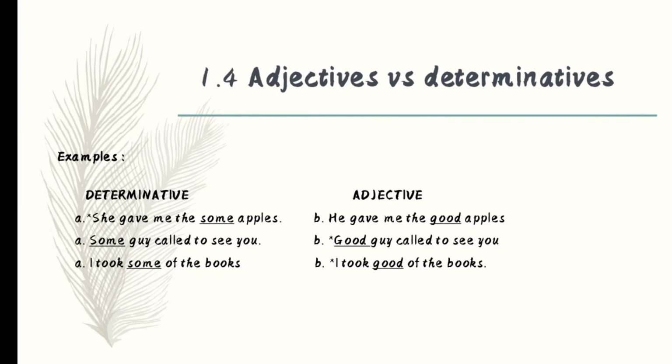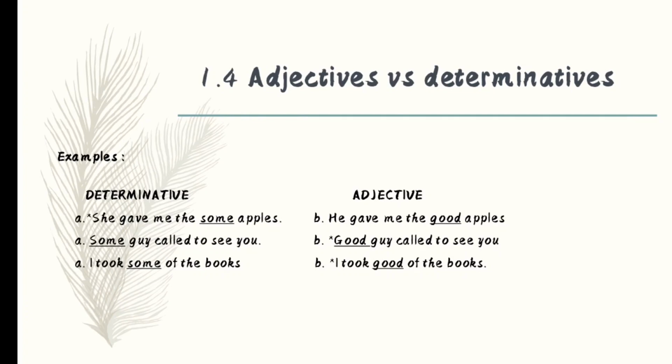In the second example, determinative, "some guy called to see you." An adjective, "good guy called to see you." The word guy is a count singular noun and requires a determiner such as some.